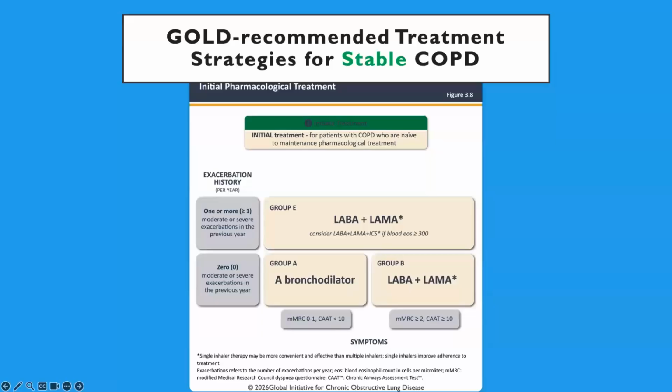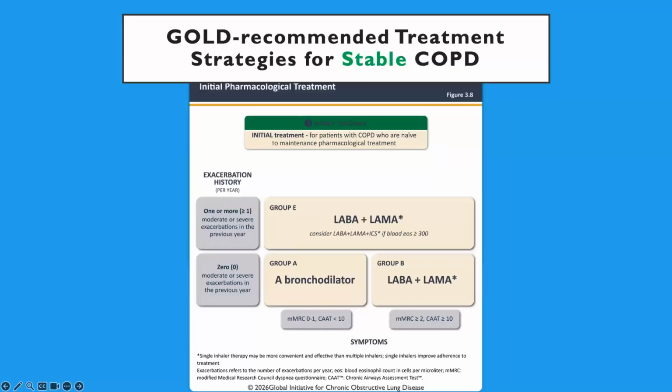And for the highest risk for exacerbation, that's the worst case scenario, the group E, there's the additional consideration of even adding in inhaled corticosteroids, which is an anti-inflammatory, if they have what is known as peripheral eosinophilia. So their eosinophil count is high in their blood. That usually means they're more predisposed to allergic reactions, allergies, just systemic inflammation.